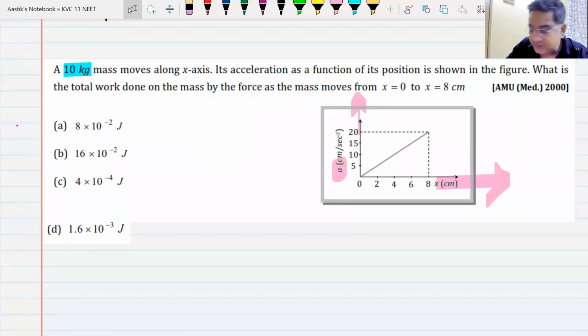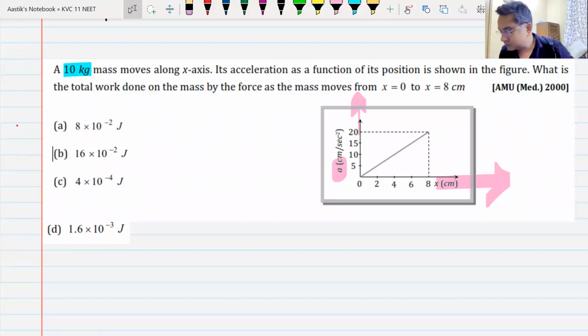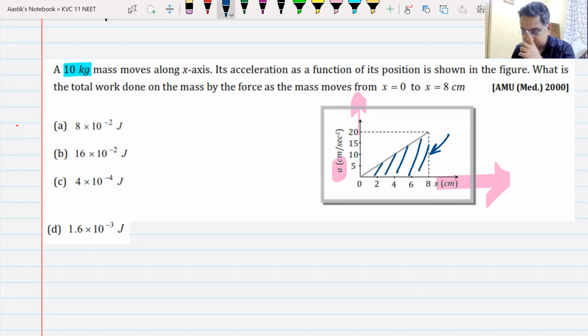So anyone got the answer? To find the area of this graph, how much is the area of this graph? Half into base.